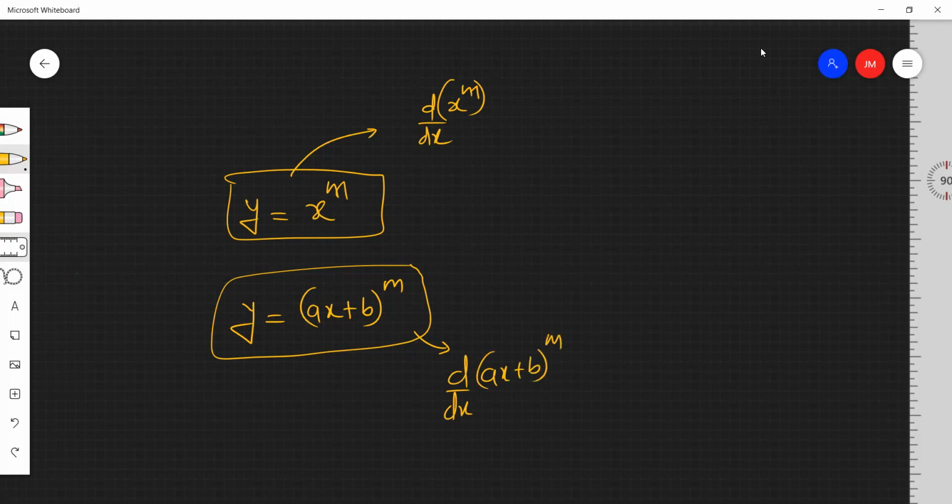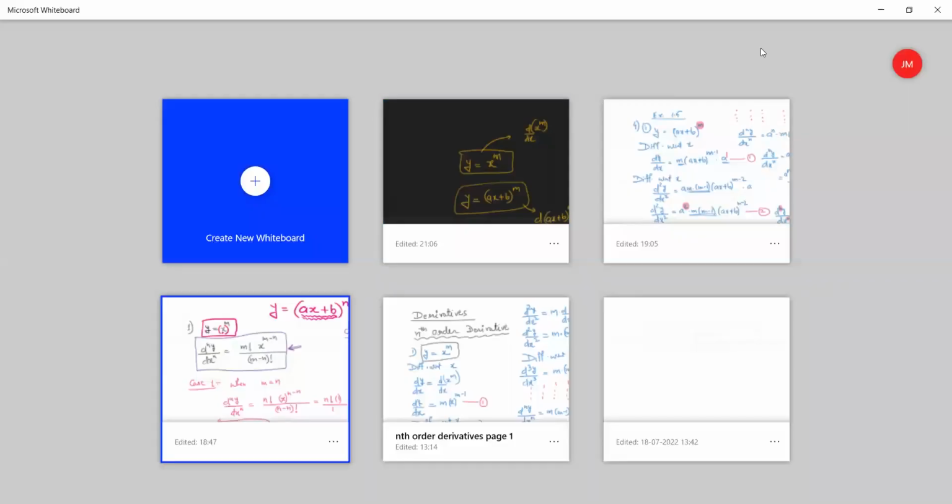So this was f of x raised to m, and after you apply the result, you also had to differentiate ax plus b. So every single time you differentiated, you got this a. That is why in the answer you got a raised to m.